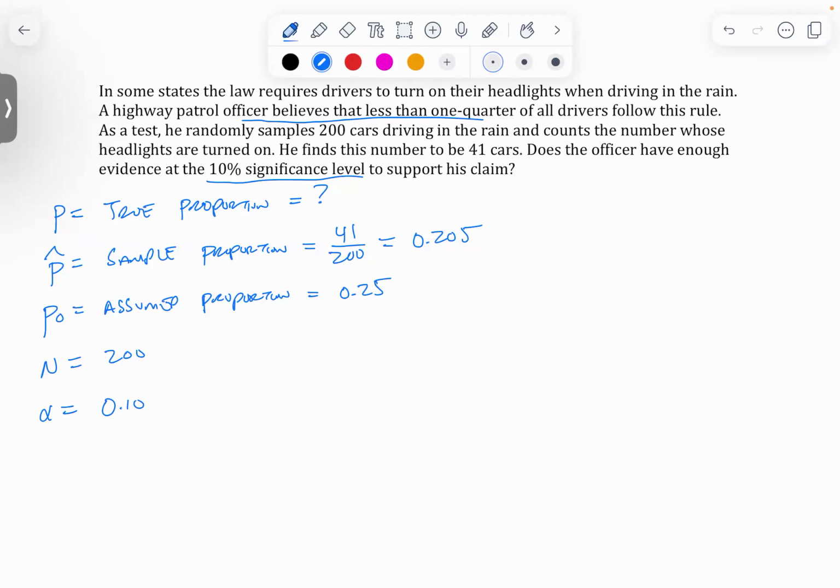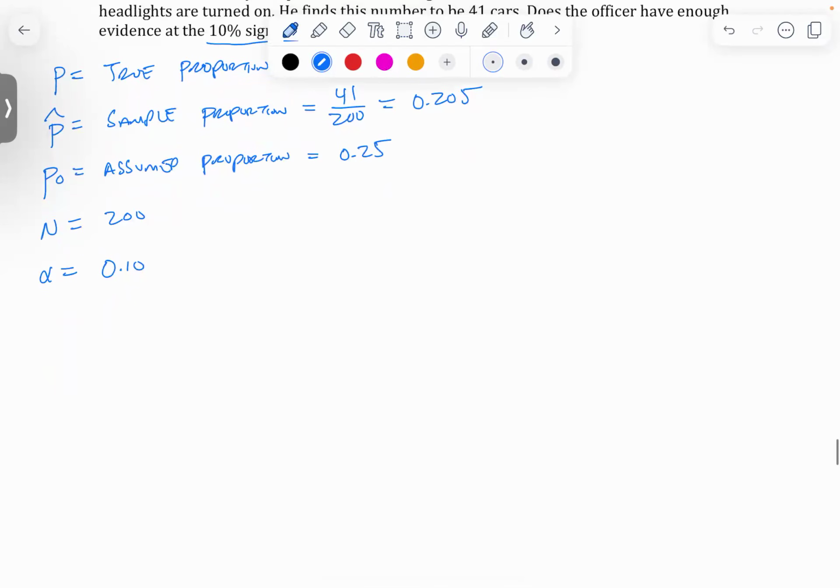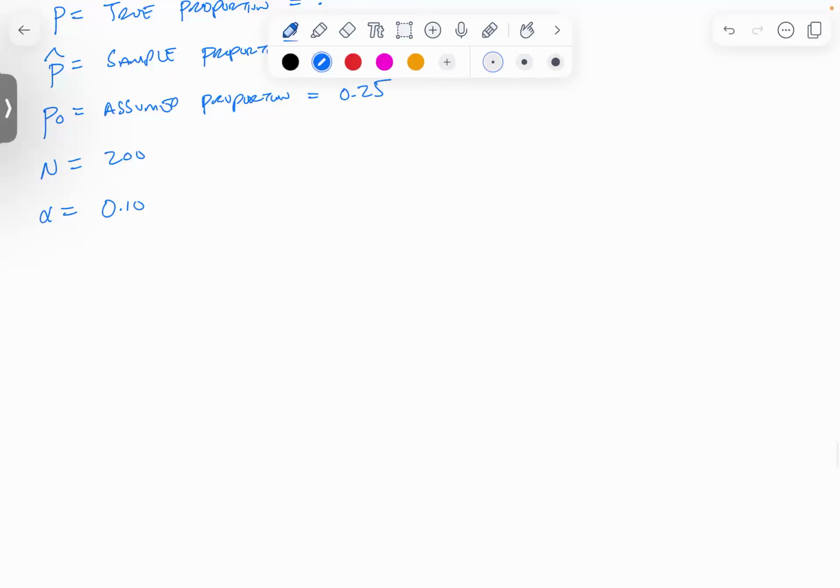If it was not given, use 5%. That's the convention, and that's the one that you should use if it's not specified. Information is identified.